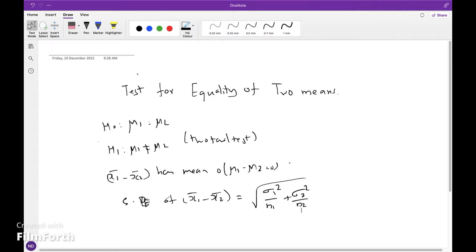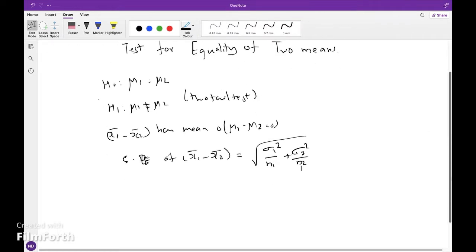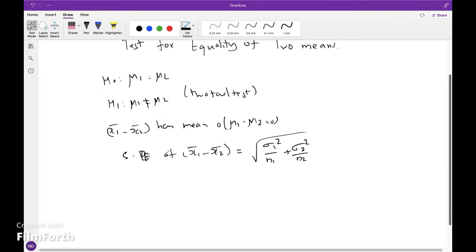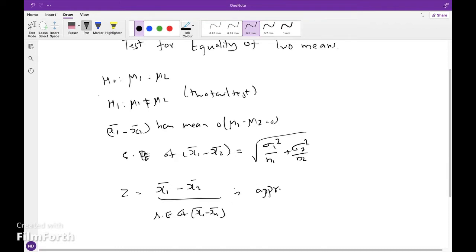So z is equal to x1 bar minus x2 bar divided by this standard error, and z is approximately normal. Inference.